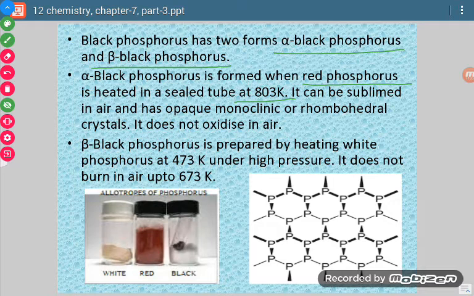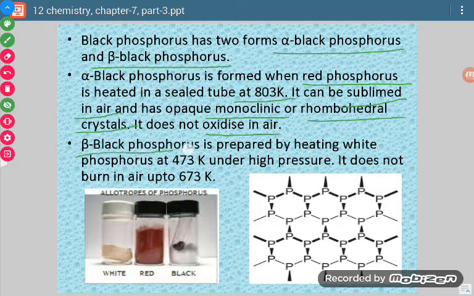It can be sublimed in air, and it has opaque monoclinic or rhombohedral crystals, which we have studied in the types of crystals in solids. It does not oxidize in air: it will sublimate, but it will not undergo oxidation.